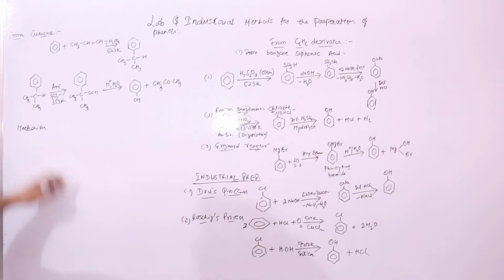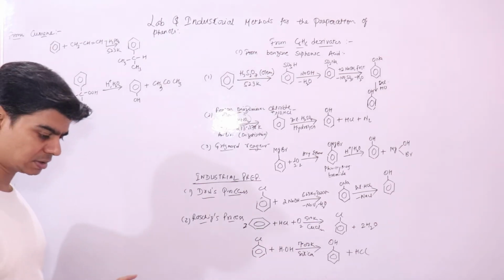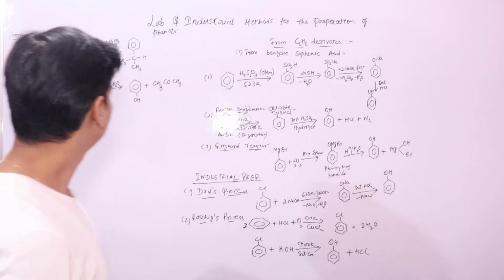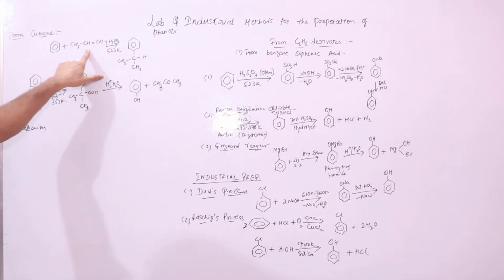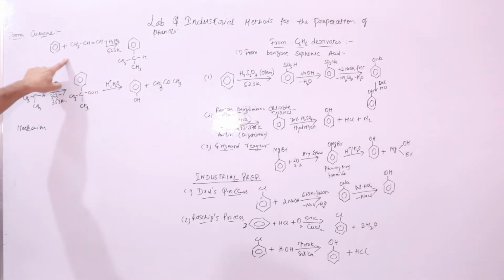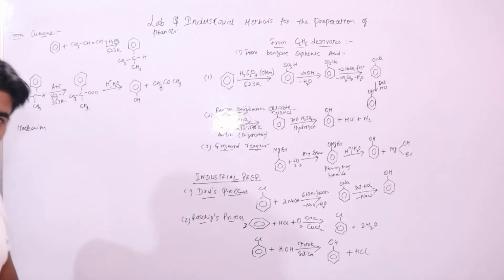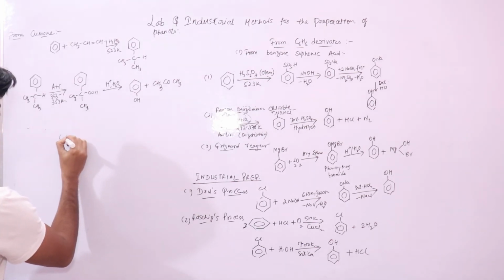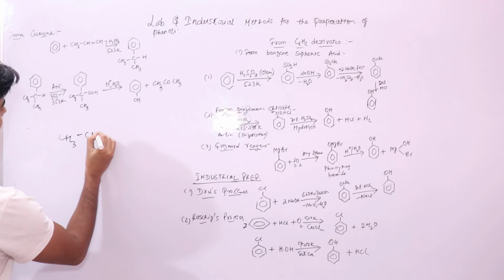Then comes the method from Cumene. First understand, Cumene is a compound which is obtained from propylene, and it is basically isopropyl benzene.